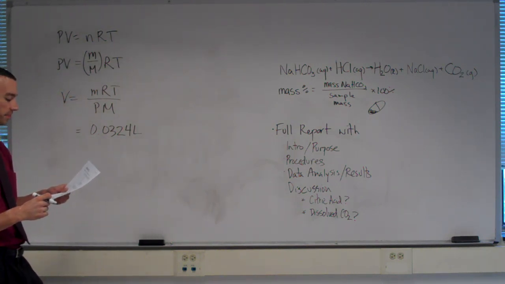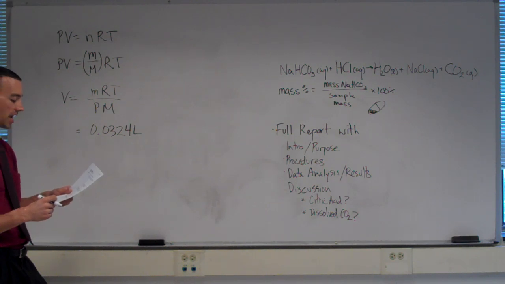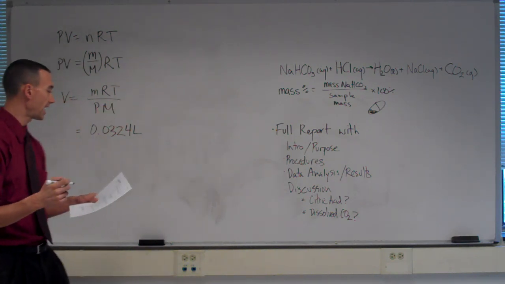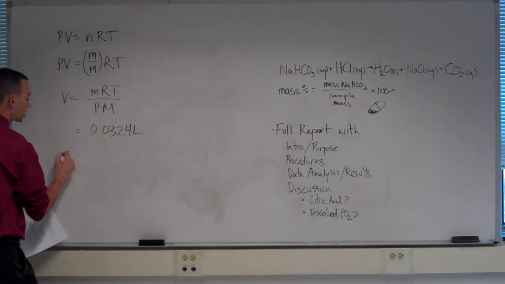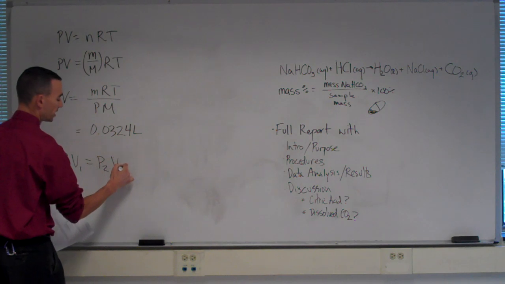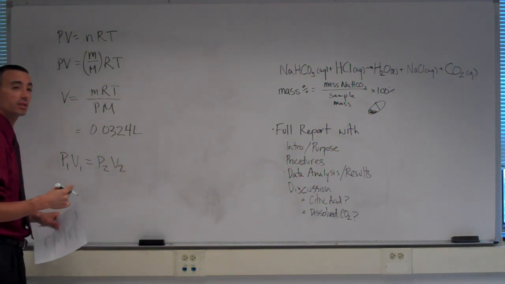The second question says we have a gas collected in a burette, and we're given a volume and a pressure, and then we reduce the volume, much like I demonstrated with our gas burette. So we're looking at just the relationship between pressure and volume. Temperature and amount are being held constant.